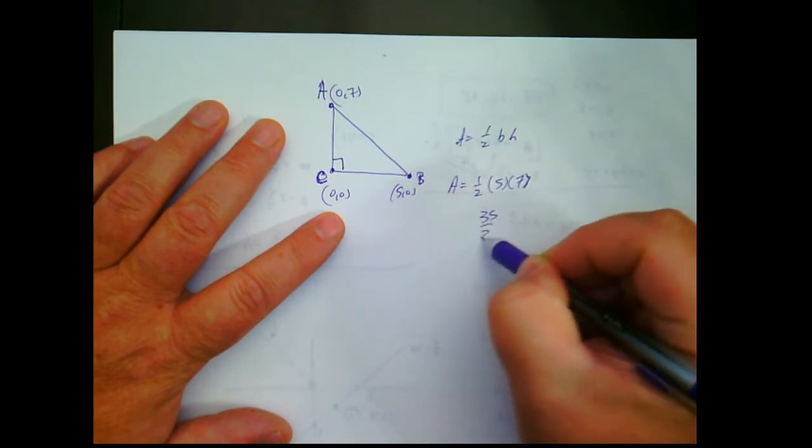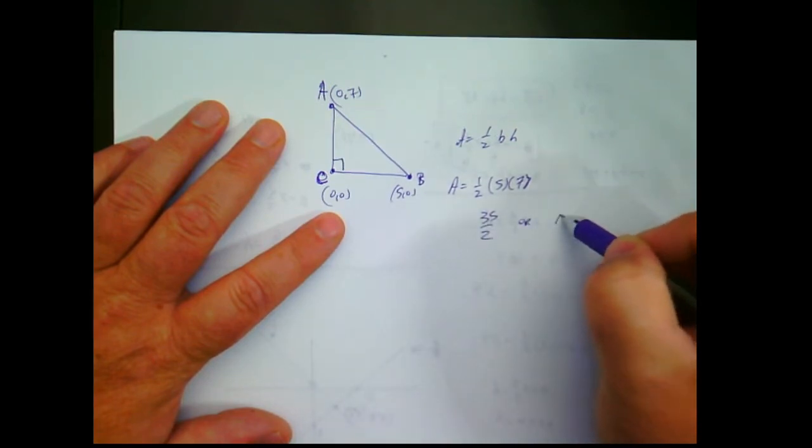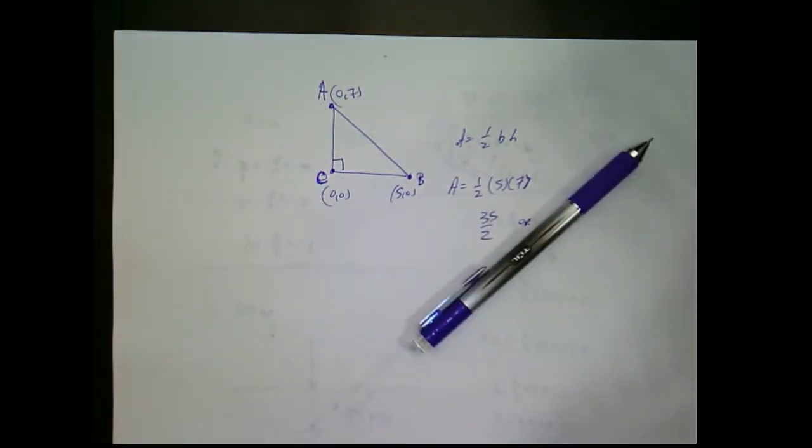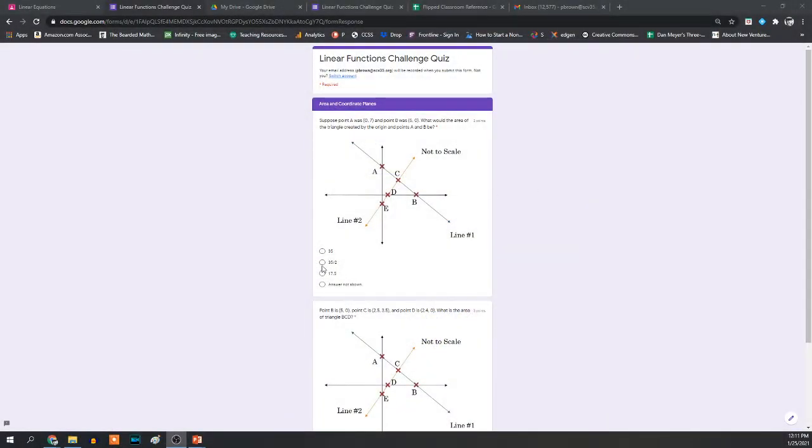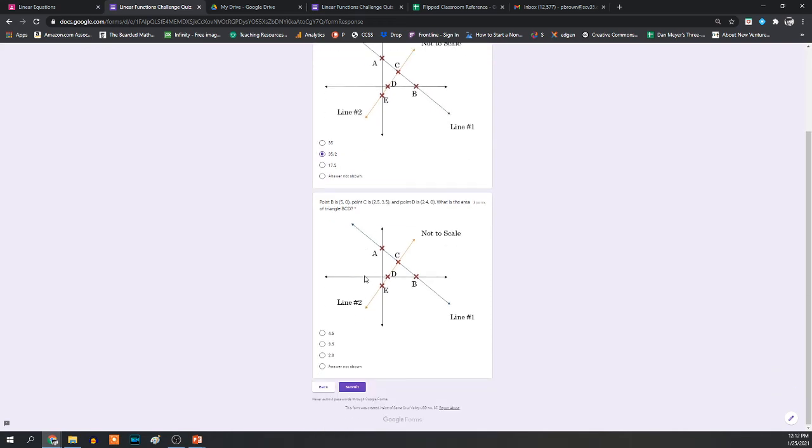That's 35 over 2, or 17.5. Let's see if that's any of our answers over here. Ooh, I got 2 of them. I can't select both. They're both the same. I'm going to go with 35 over 2. Truth of it is, I actually made them both correct, so either one will give you full credit.